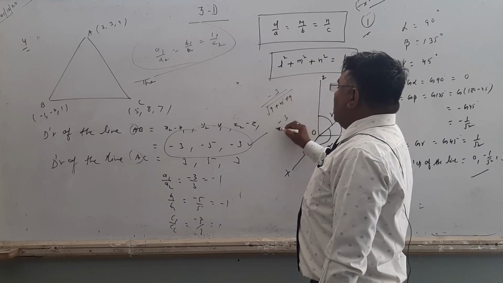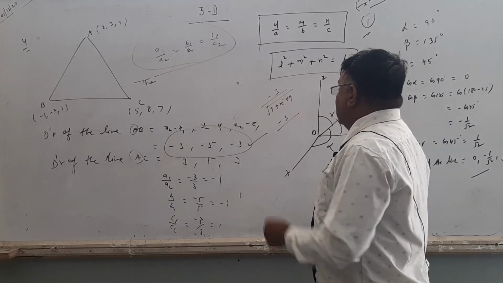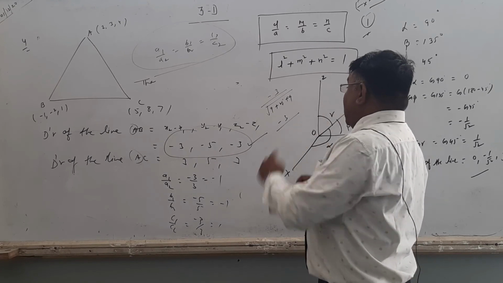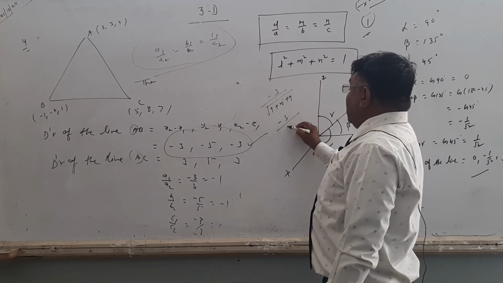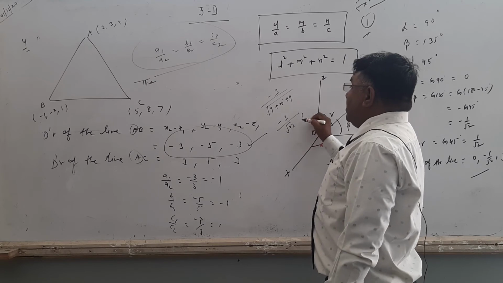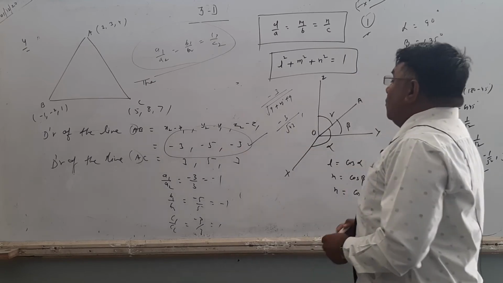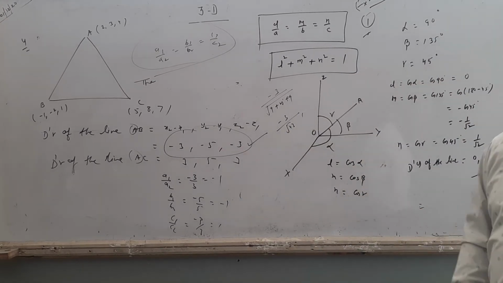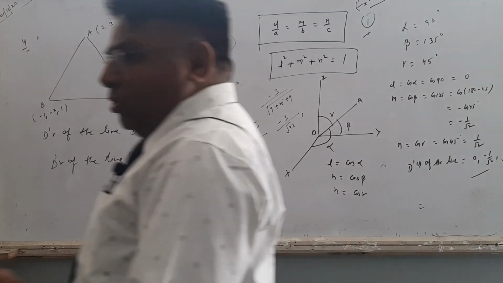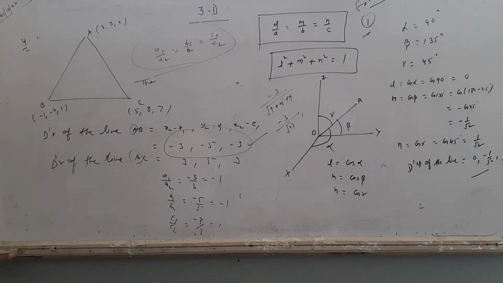That means -3 upon root of 9 plus 25, 34, plus 9, that is 43, right? Same, -5 upon root 43, -3 upon root 43. So direction ratio and direction cosine are not constant values. Direction cosines are proportional to direction ratios.